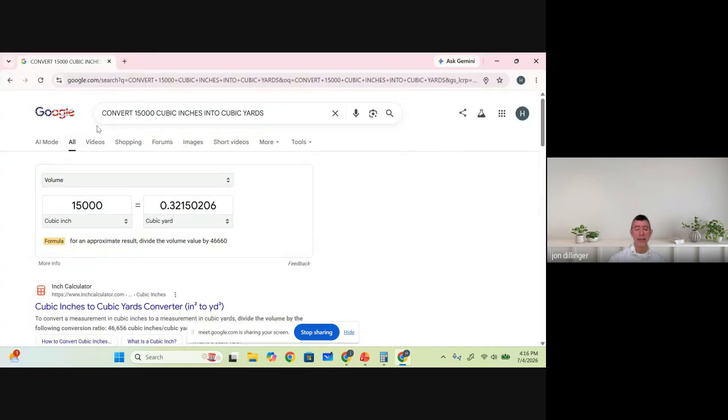So I wrote right here, convert 15,000 cubic inches into cubic yards. You have it in right there, and you get the same answer right here. Now during the test, you are not going to be fortunate enough to ask Google or artificial intelligence. You will only be accorded a simple calculator.